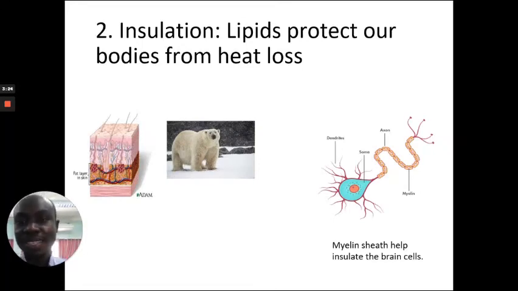Number 2 is insulation, and that is lipids can protect us from heat loss. Under our skin, we have a layer of fat which will help to protect the heat from leaving our body, especially in the cold weather.